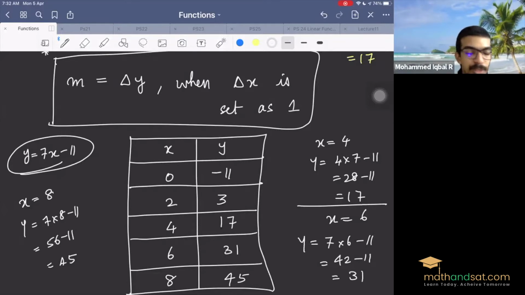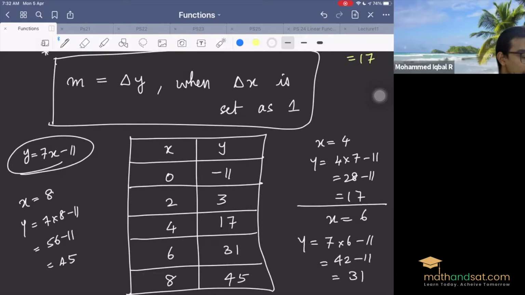There's a difference of 14. Now, what happens when your input goes from 2 to 4? When your input goes from 2 to 4, what happens to your output? Output goes from 3 to 17. That is an increase, it goes up by 14.